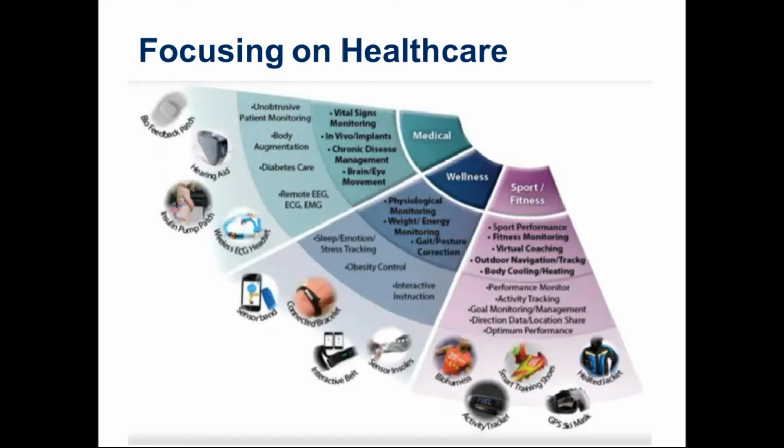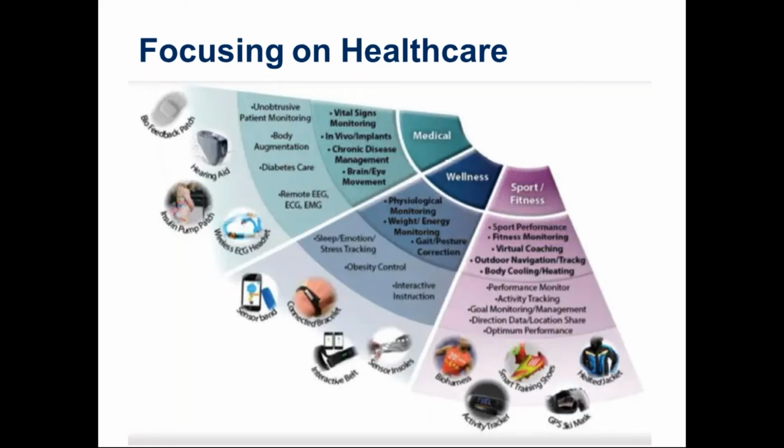Now let us focus back on the healthcare system. When I talk about the whole healthcare system, there can be a medical area, a wellness area, and a sports area. Let us talk about the first, the medical area. What is needed in the medical area?